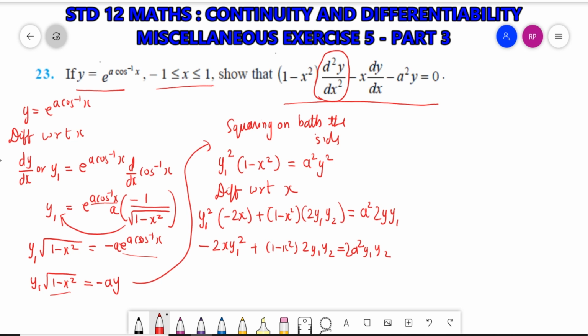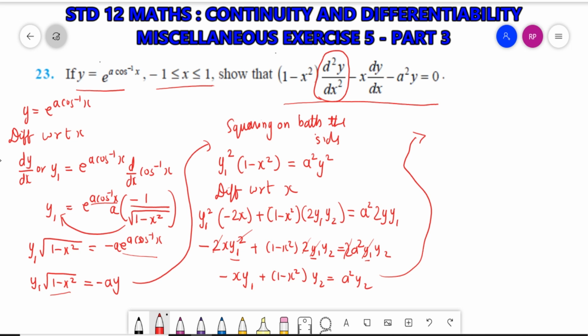Now see, 2 is common, and again y1 is common in each term, so it will get cancelled. So minus x y1 plus 1 minus x square y2 equal to a square y.